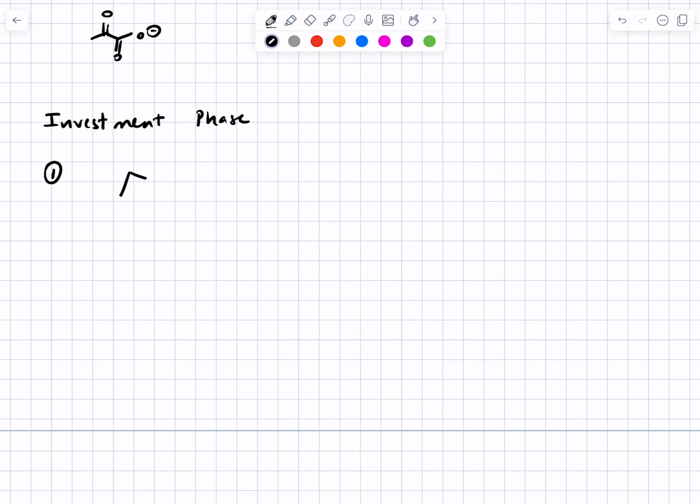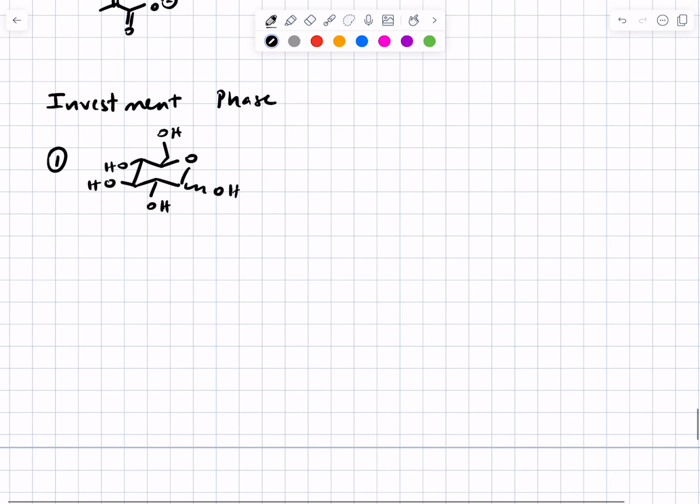The starting material is just glucose, which we're going to draw in its cyclic hemiacetal form, though just as shorthand, I'm going to continue to call this glucose, even though it should be called D-glucopyranose. We're not really caring about whether this is the alpha or the beta anomer. Those are in equilibrium with each other in aqueous solution, as I showed you in one of the video lectures from last week. This is a kinase reaction.